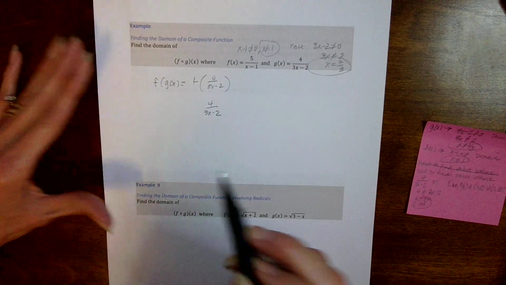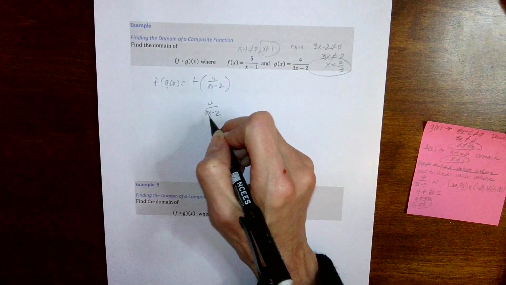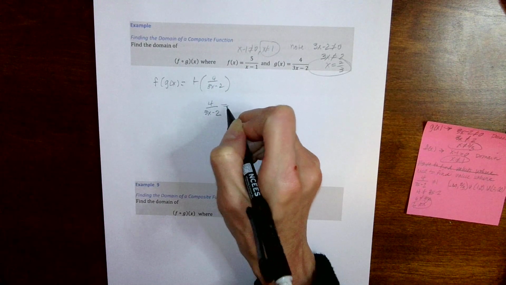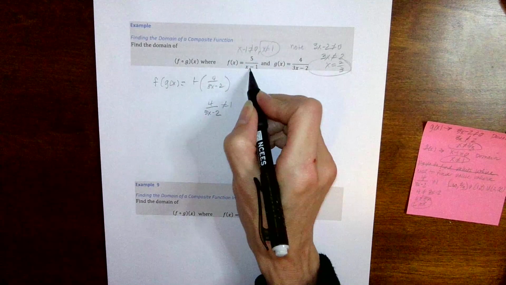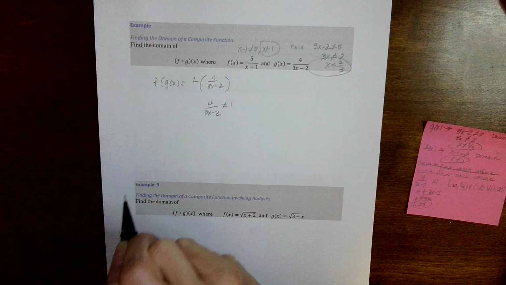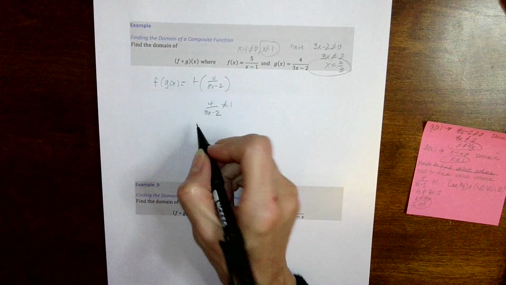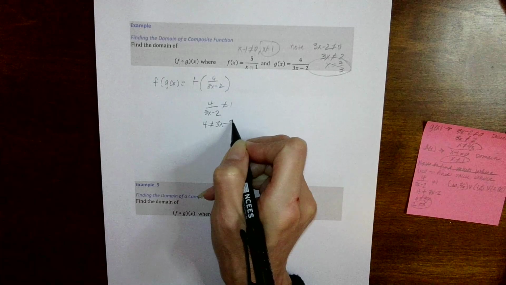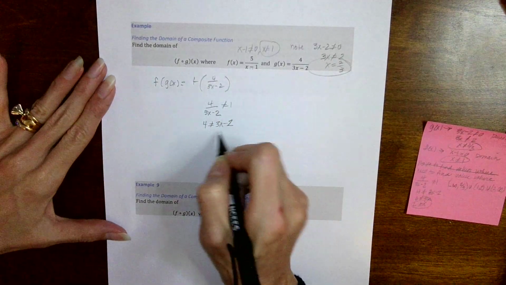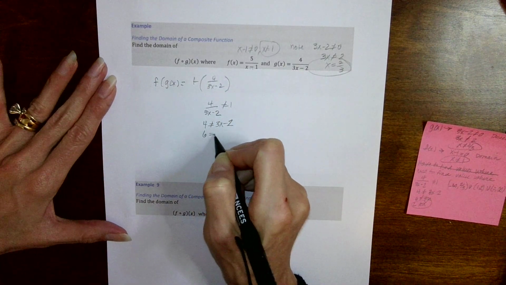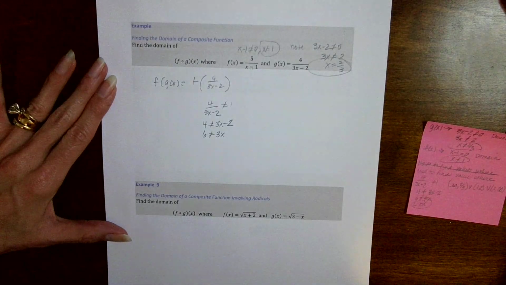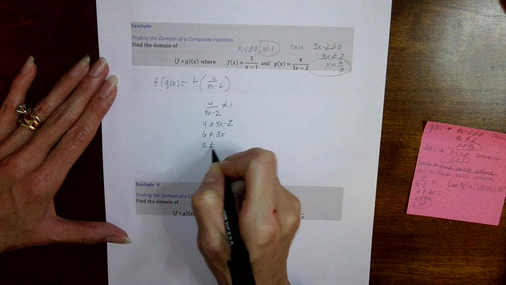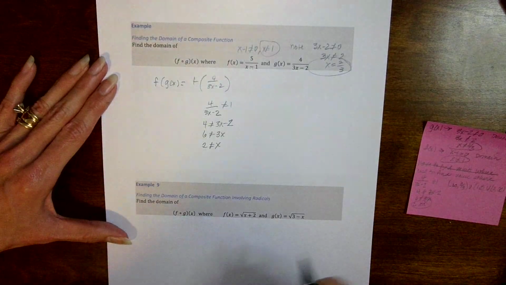And we need to know where, if we put 4 over 3x minus 2, it cannot equal 1, right? Because we're putting in an f of x. So I say 4 cannot equal 3x minus 2, and that gives me 6 cannot equal 3x, and then 2 cannot equal x.